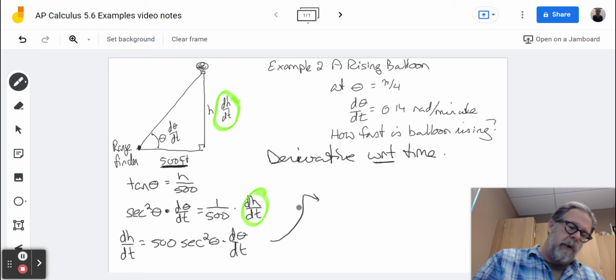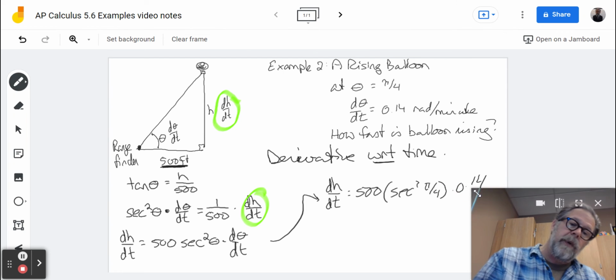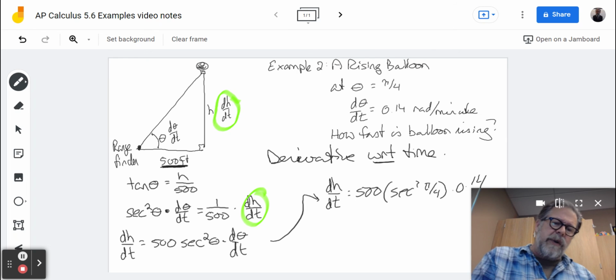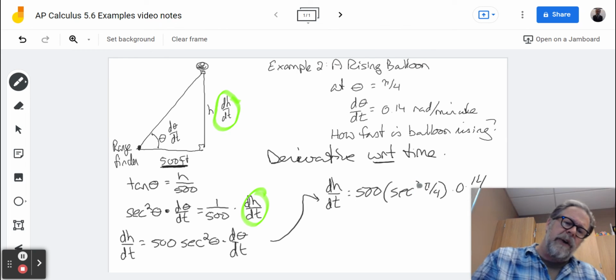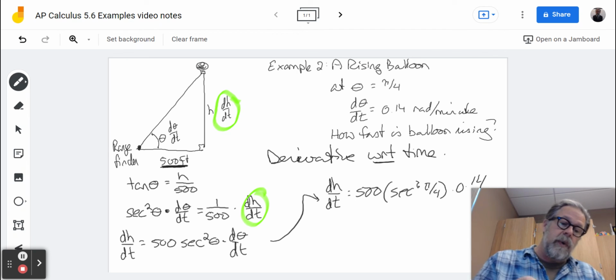And now it is appropriate to plug in my numbers. The rate of change of height with respect to time is 500 secant squared pi over 4 times 0.14. So I could type this into my calculator. I also know that secant of pi over 4 is root 2, because secant is 1 over cosine, and cosine of pi over 4 is root 2 over 2.